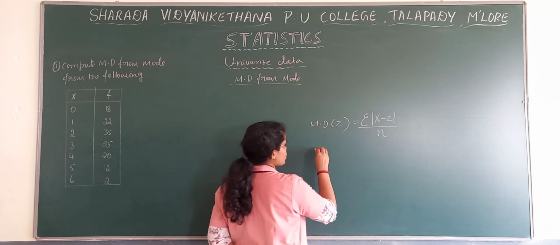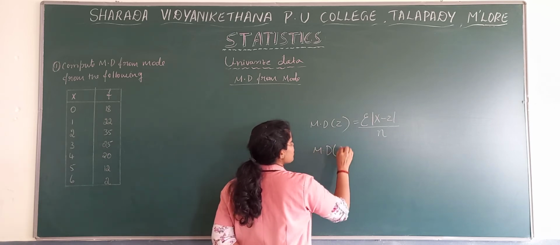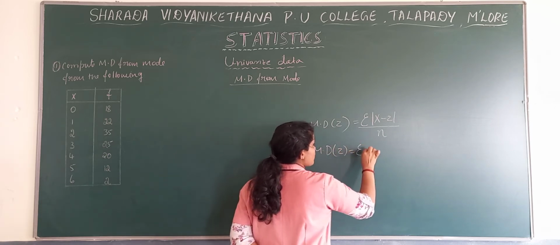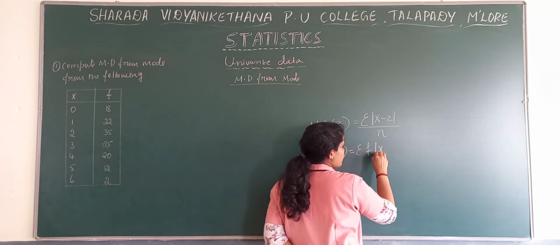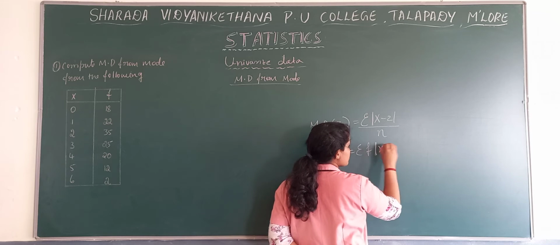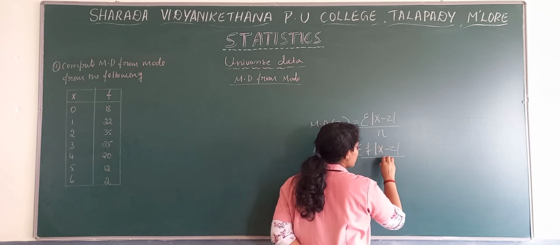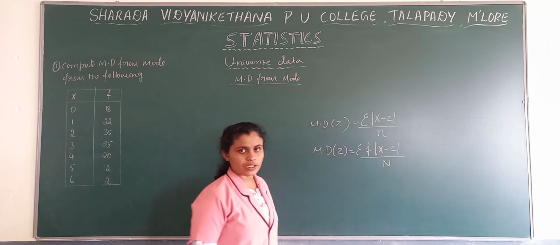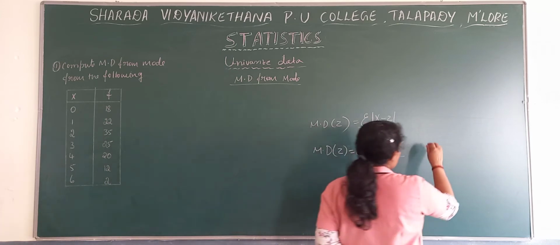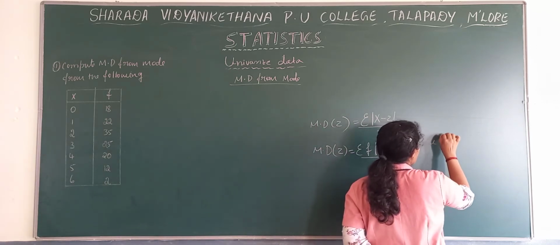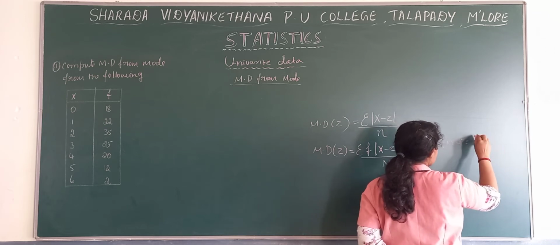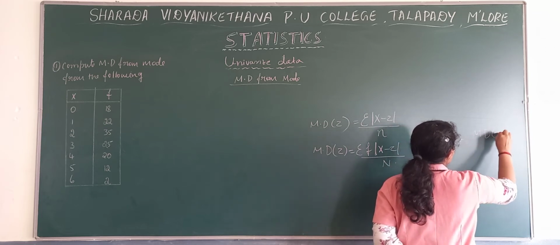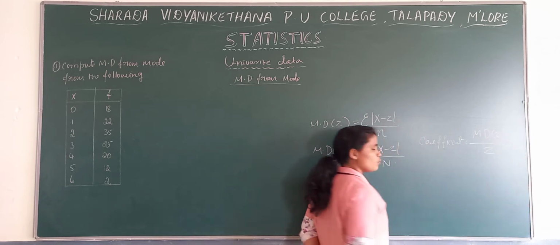And in case of continuous, it is sigma f into modulus x minus z divided by capital N. And the coefficient formula is mean deviation from mode divided by mode.